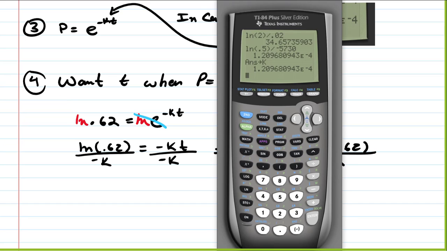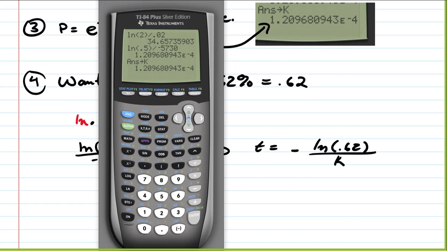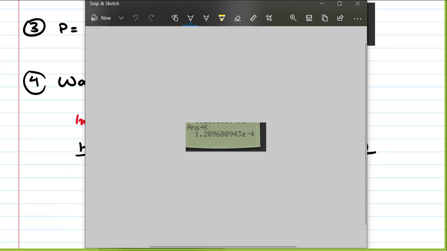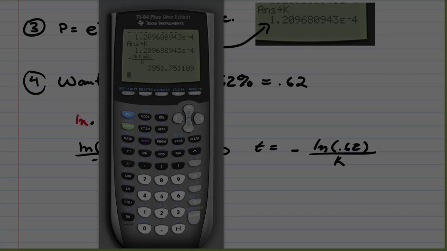So we grab our calculator and we go the negative of the natural log of 0.62 and we divide that by k. When we do so, we get the following value out.